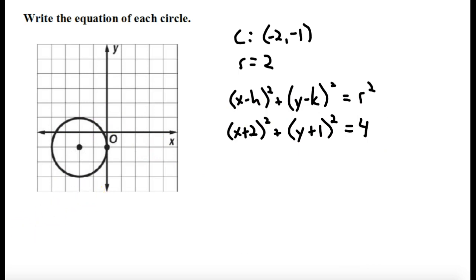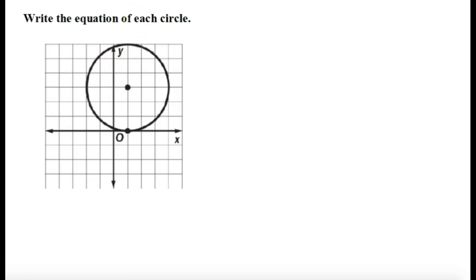All right. Let's do one more of those. So here, the center of the circle is at the point 1, 3. And the radius, which is the distance from the center to a point on the edge, is 1, 2, 3. Okay, and we can get that by counting from here to here, or here to here, or here to here, right?